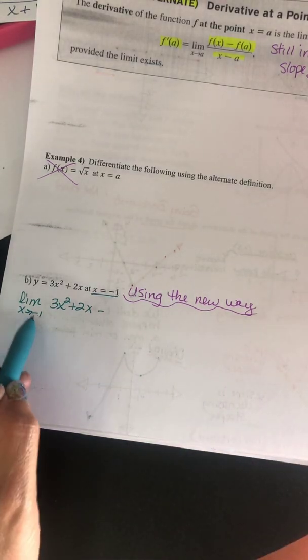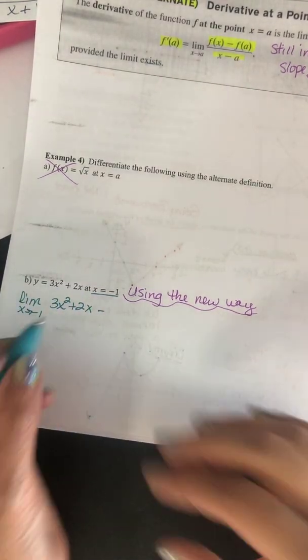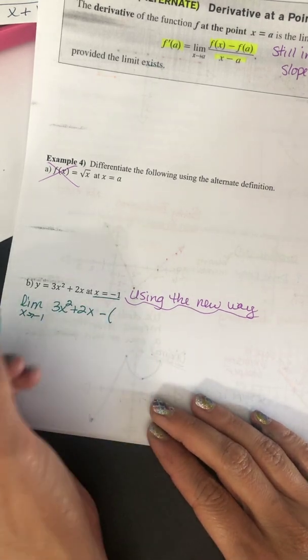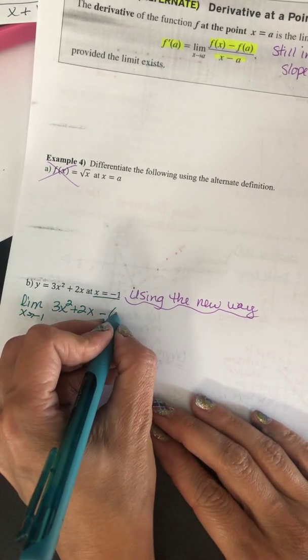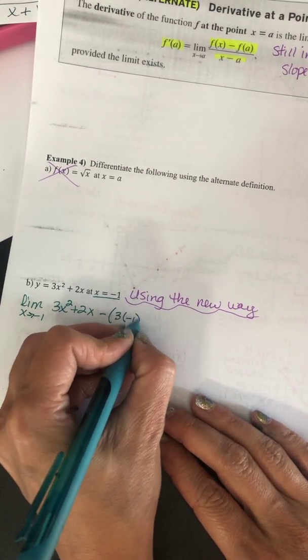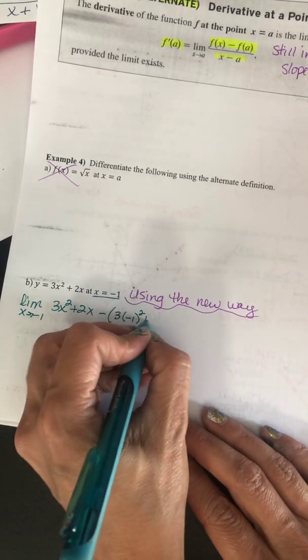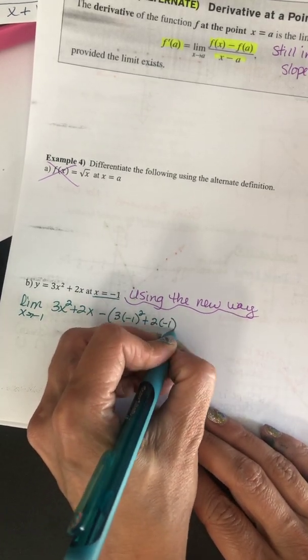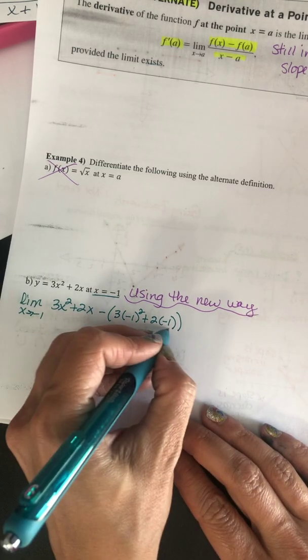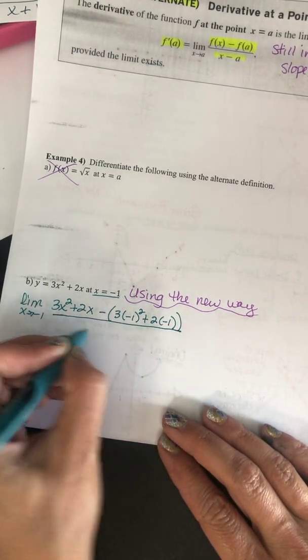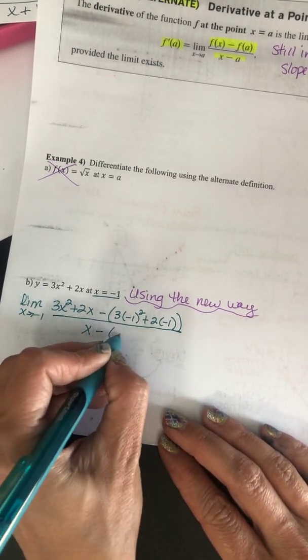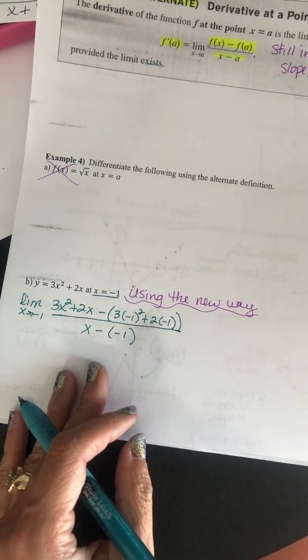That means we have to plug in the negative 1 into that function. So minus, and I'm putting it in parentheses because it's a group of terms. Plug in the negative 1 for x on the x squared, plug in the negative 1 for x with the 2x, and it's all over x minus the a value, which is a negative 1.